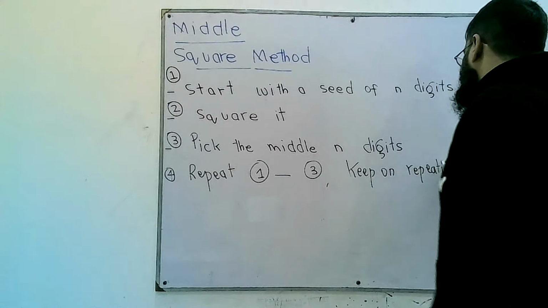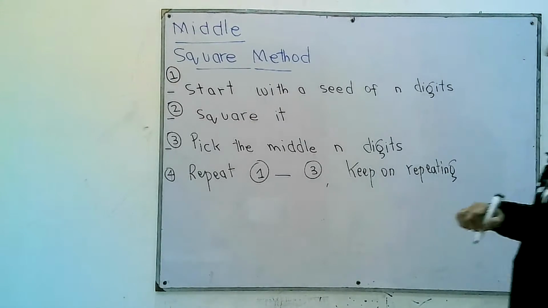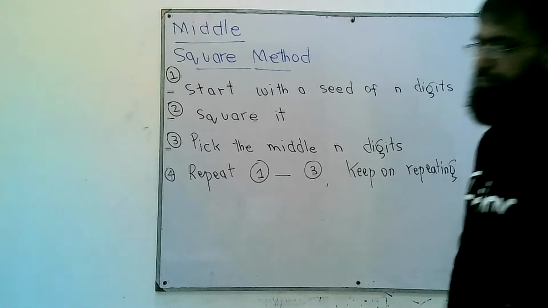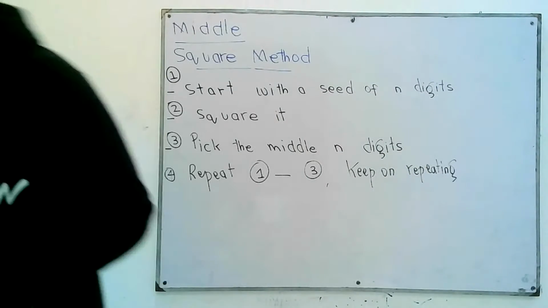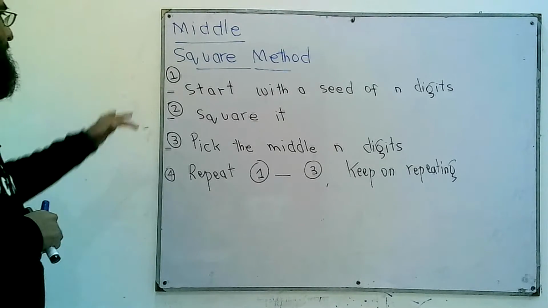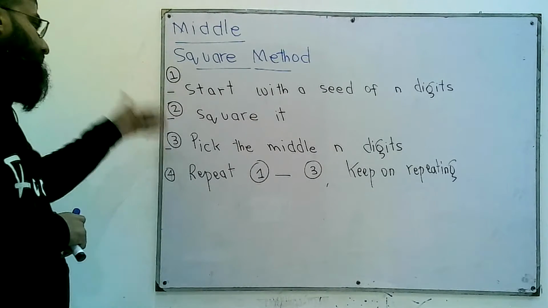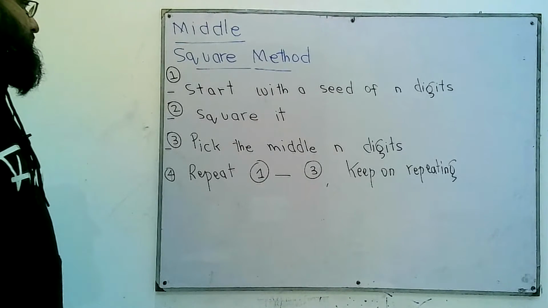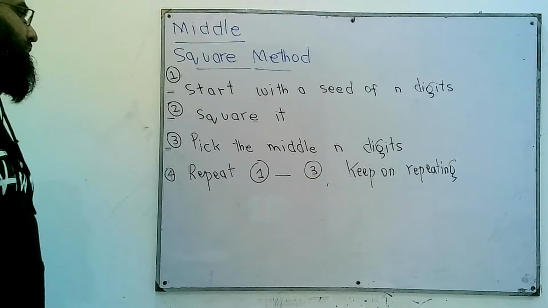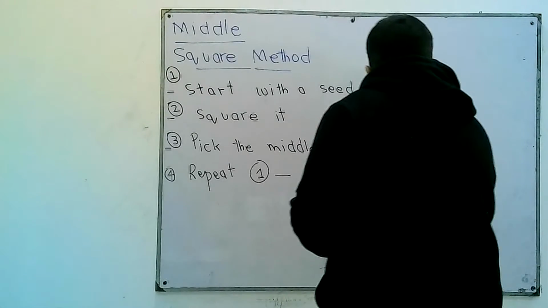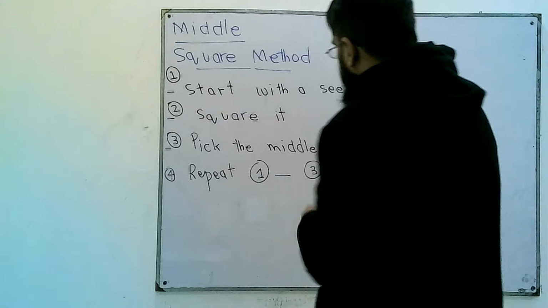Should keep on repeating for the number of times equal to the random numbers you want to generate. For example, if you want to generate 10 random numbers, you will repeat these steps 1, 2, and 3 10 times. So not every time you will start with a seed. In fact, your new number will work as a seed. Repeat 1 to 3.